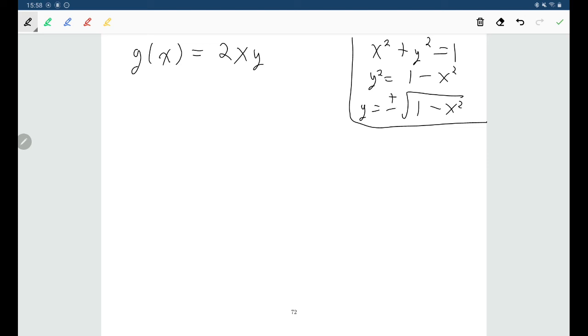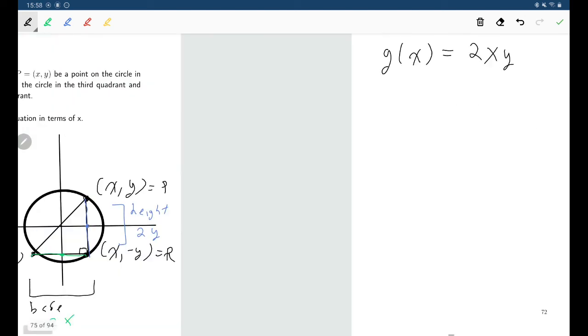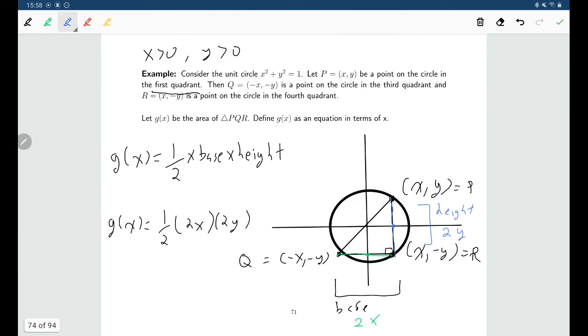Now, as far as the plus or minus goes, same thing as before. For the circle, the positive root would be the top part of the circle, and the negative root would be the bottom part of the circle. Since we're thinking about our point P being in the top part of the circle, being in quadrant 1, we're thinking of y being a positive value, in other words. That means we need to think about taking the positive root.